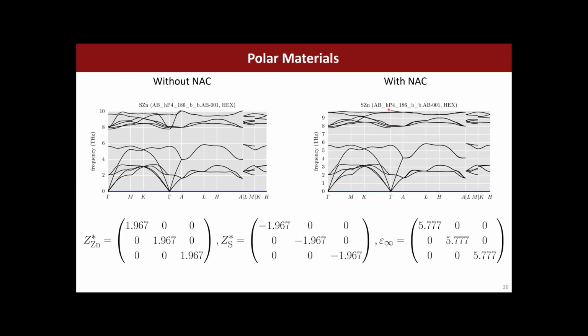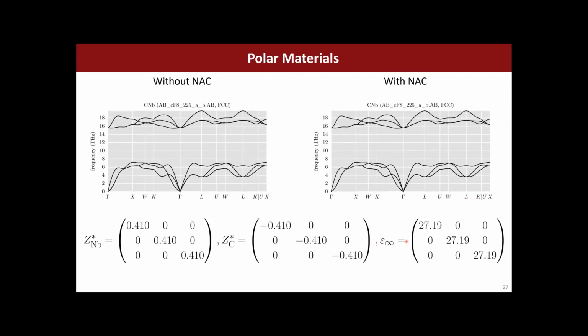Again, it's not right at the gamma point, but close to the gamma point. And we see here we have charges comparable to magnesium oxide, pretty much +2 and -2. And the dielectric tensor here is about 5.7, 5.8. So we have a fairly small dielectric tensor.